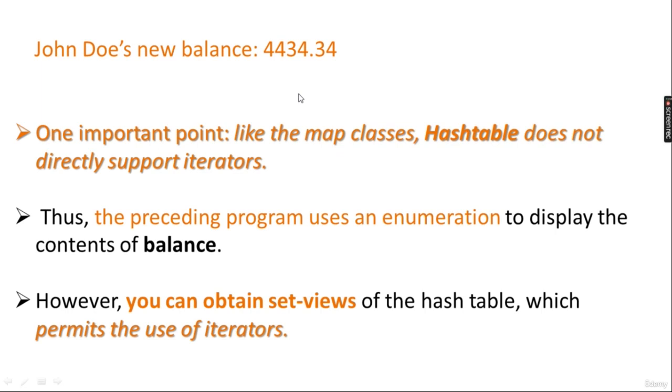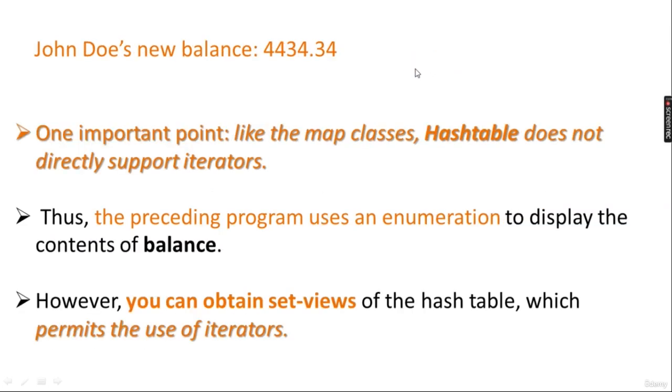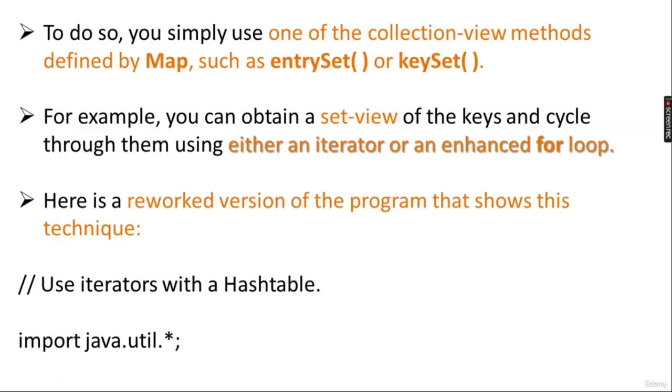So for this type of entries, you have to find out the set view of the particular collection, the particular group of objects, and then use the Iterator interface. You simply use one of the collection view methods defined by Map, such as entrySet or keySet. It will give you the set view, and to iterate through it, you will use the Iterator interface.